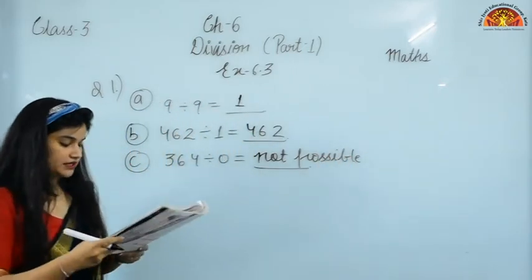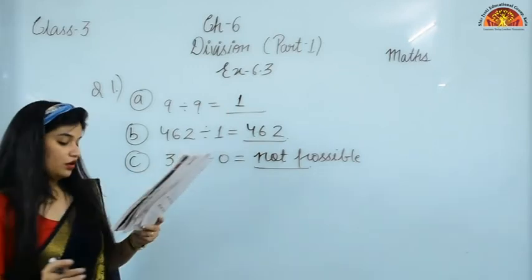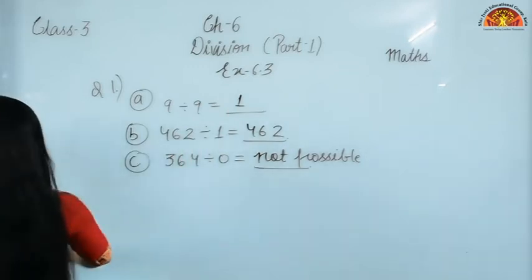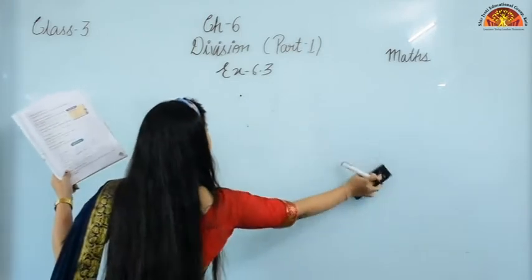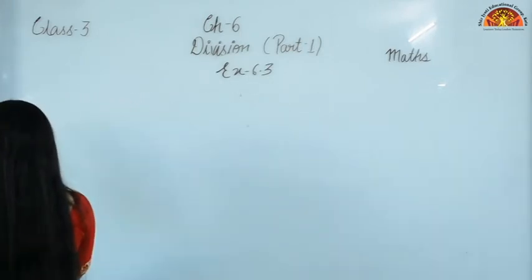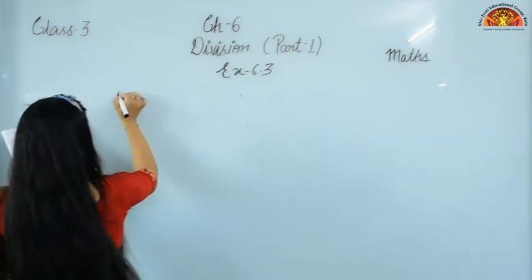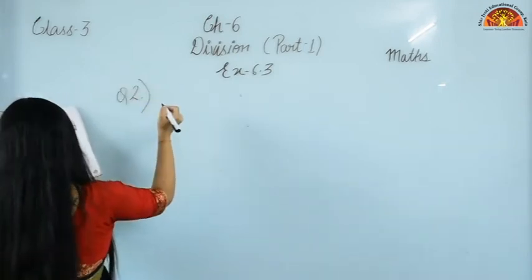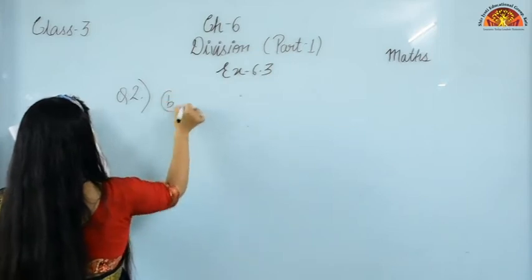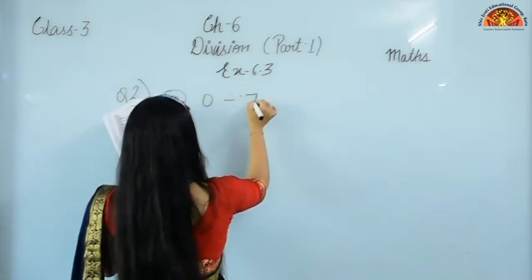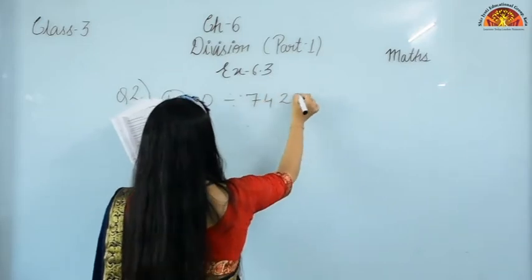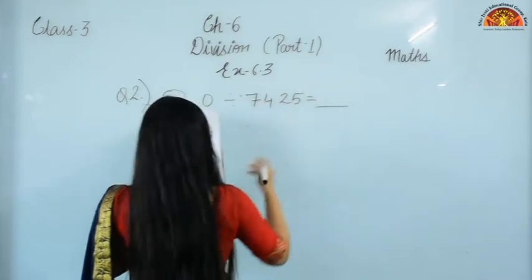So now we are taking question number 2 of the same exercise, exercise 6.3. We are taking the B part of this question. 0 divided by 7425 is equal to dash.